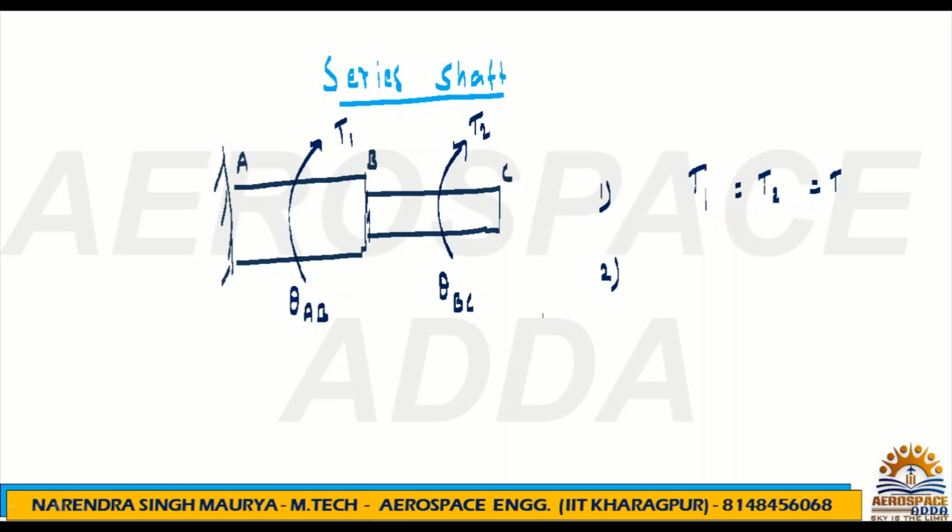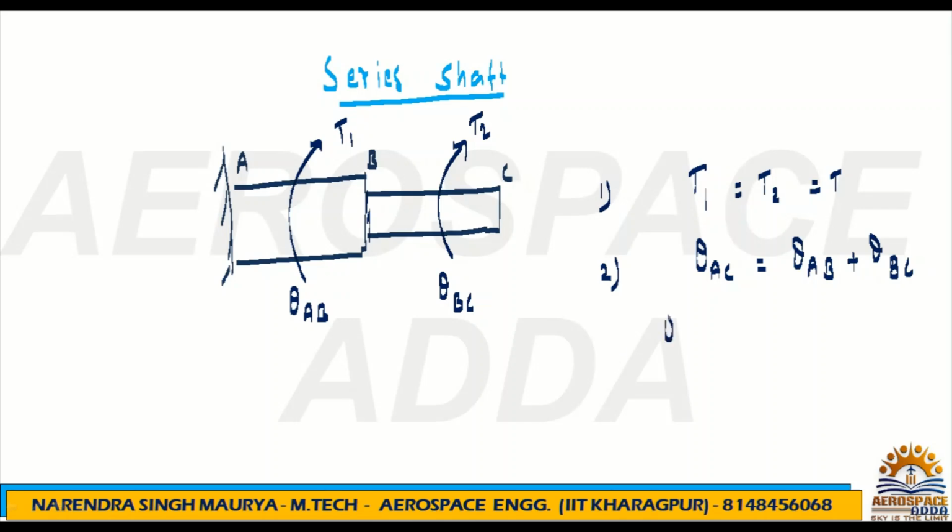So if I calculate the total angle of twist, the total angle of twist theta, completely from end A to C, is nothing but theta AB plus theta BC. This is all about series shaft.